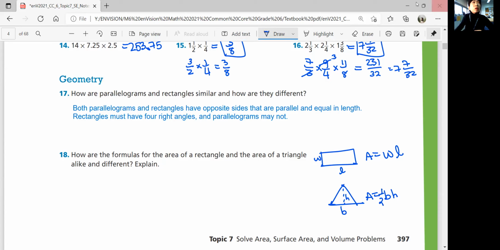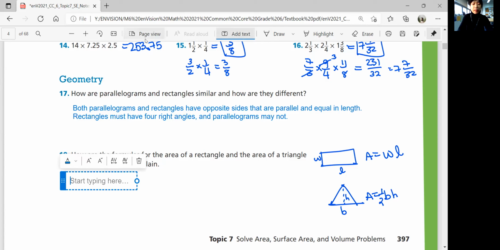Okay. So how are they similar? Or how are they different? You can multiply base and height, like length and width, right? You multiply 2 different dimensions, but for the triangle, you have to divide it by 2. But for the rectangle, that's just it, right? So how can we record that?